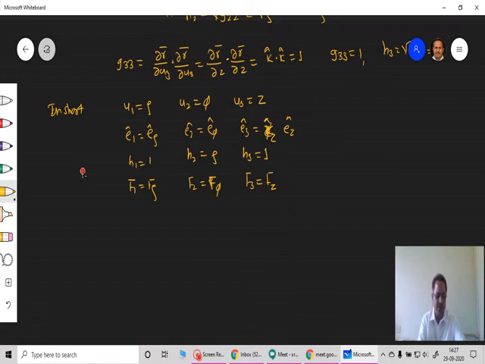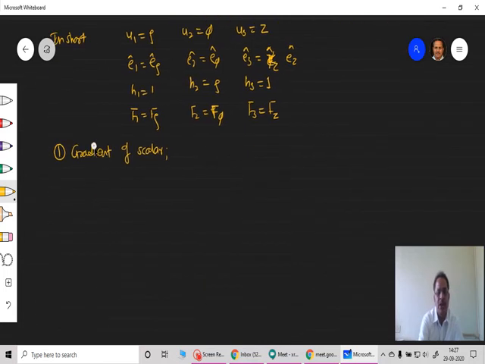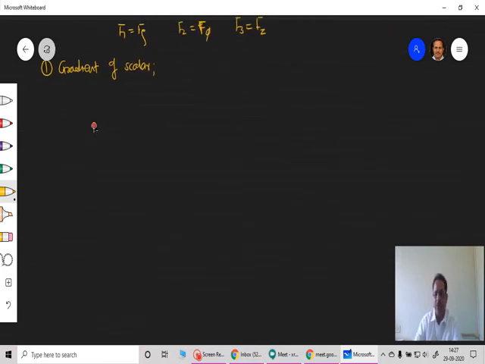Now I have to use all these for divergence, gradient, and curl. Okay, first, let's go for gradient of a scalar. I'll go a bit fast because we are repeating things here for the third system, so this is not a new thing for us.